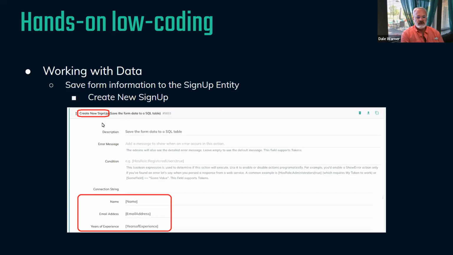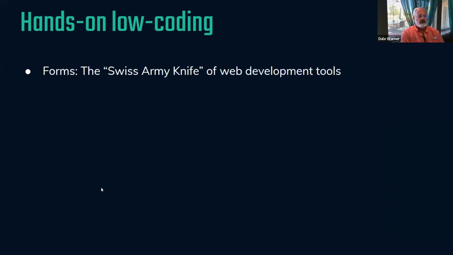We did some working with data, and we created a new sign up, and we used the create new sign up action that was created when we made the entity. When you do a create new sign up, all the different properties of that entity are presented, and you can fill them in with variables, tokens. In this case, name, email address and years of experience tokens are used to fill it in. That was the beginning of working with data.